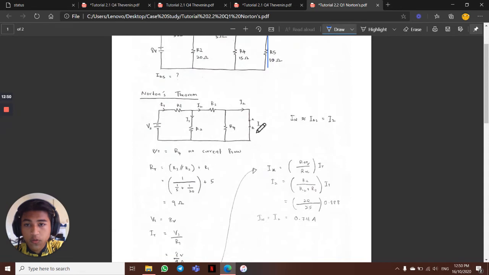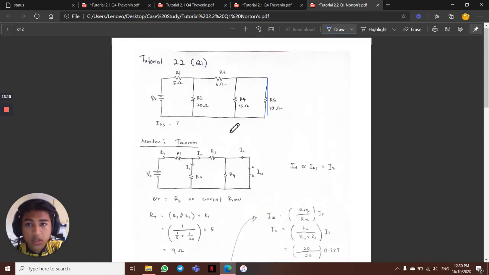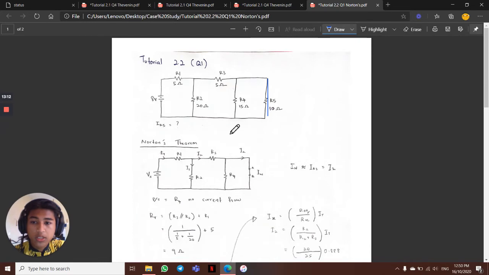So what we have to do for Norton's theorem is to put a terminal A and B at R5 and exchange it to the IN, which is we do a short circuit, because if we do Norton's theorem for the particular resistor, to find the voltage or the current, we must do a short circuit.